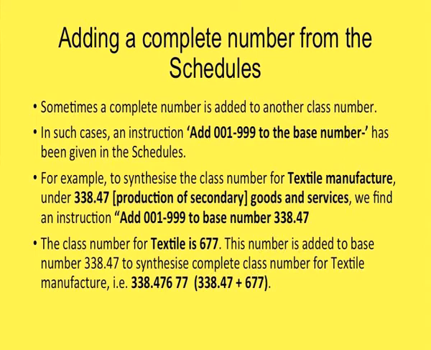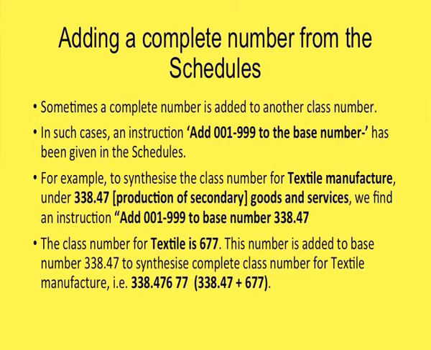This instruction shows that any number from the schedule, the schedule starting from 001 and ending at 999, so all the class numbers are between these two, any class number can be added to the base number. When we find such an instruction in the schedule, then we can add the complete class number to the base number.